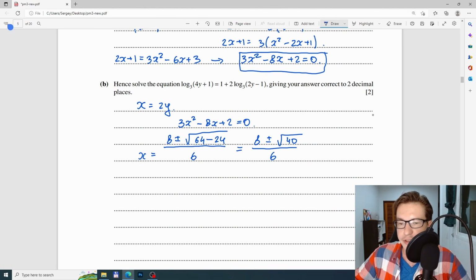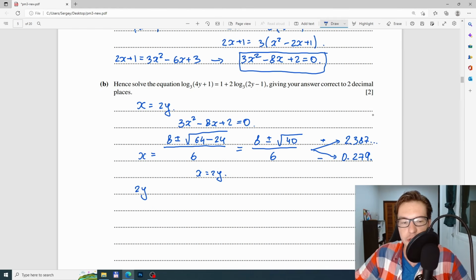Okay, now if I take this with a positive sign, I will get 2.387. If I take it with the minus sign, I will get 0.279.